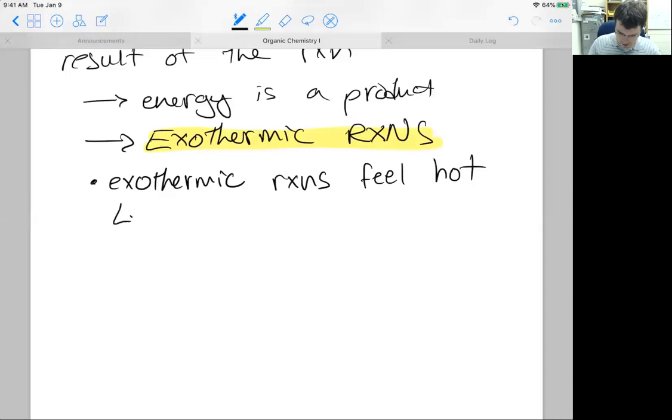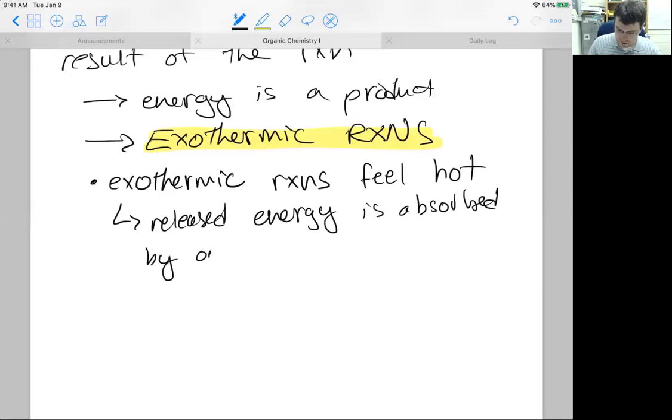The released energy is absorbed by our skin or some other sensor, hopefully a more sophisticated sensor like a thermometer.